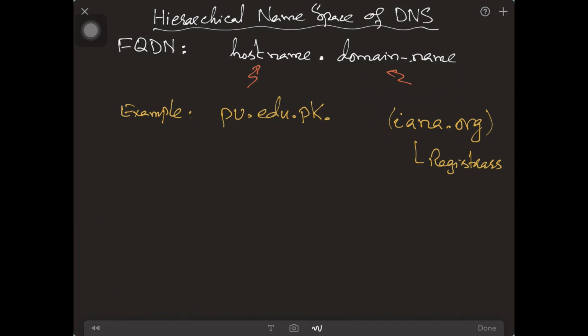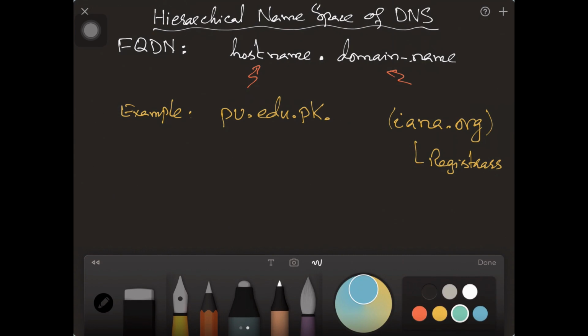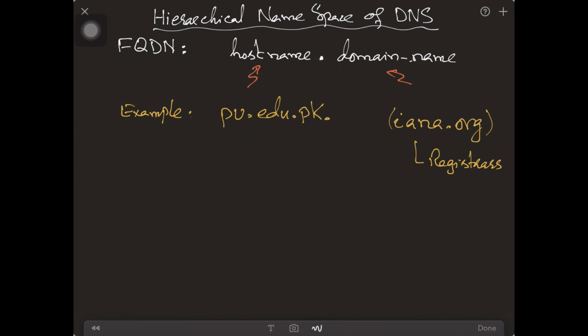Well, an organization can always use prefixes to its domain name to define its host. For example, there is a host 1 on pu.edu.pk. There can be a host 2 on pu.edu.pk. So different hosts can be added to the domain.